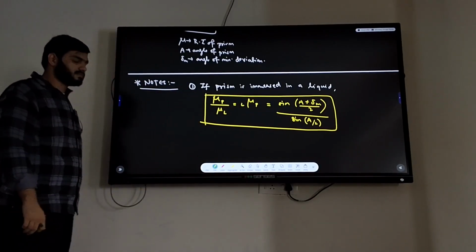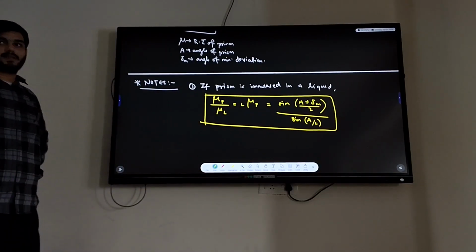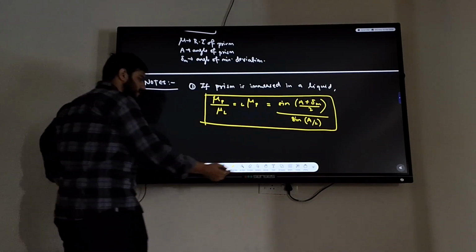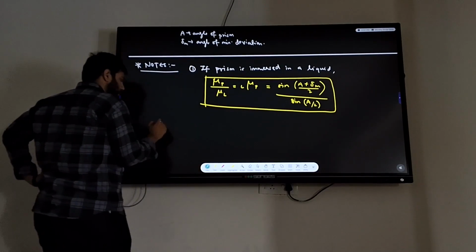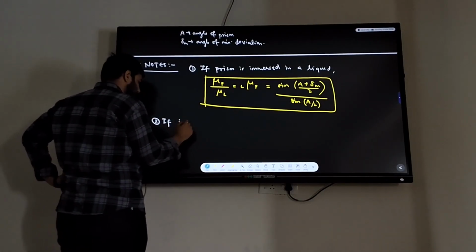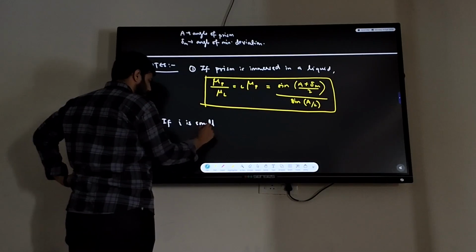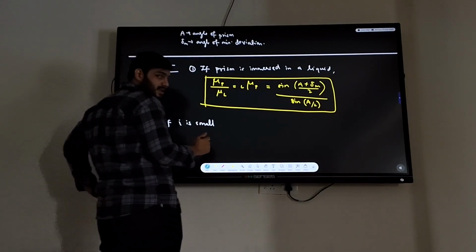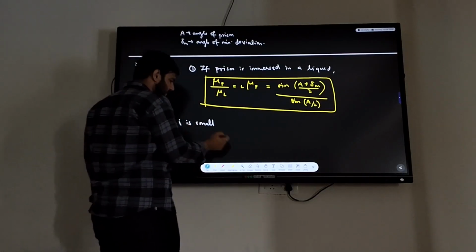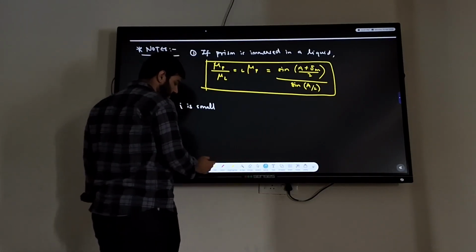Okay. If your angle of incidence is quite small, then what will you get? If I is small, then what can I substitute? Sin I as I. So if I is small, then I will also assume that R is small.